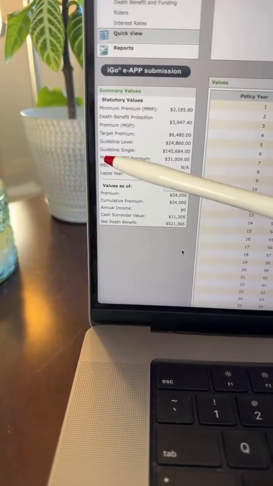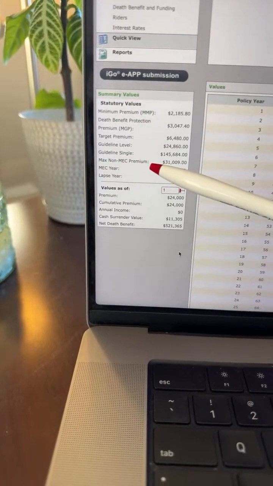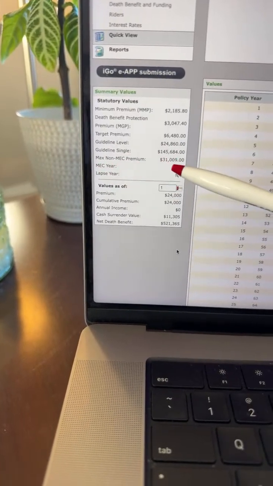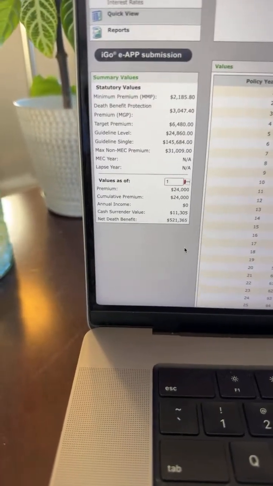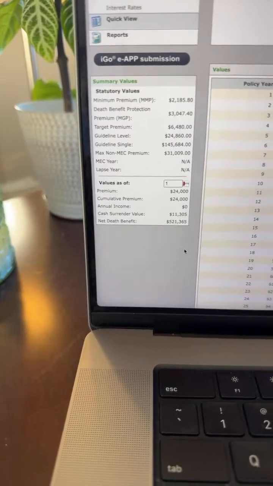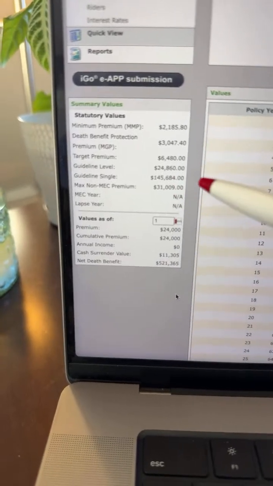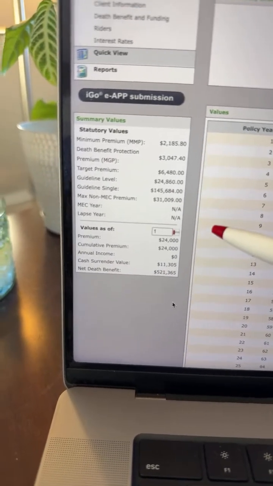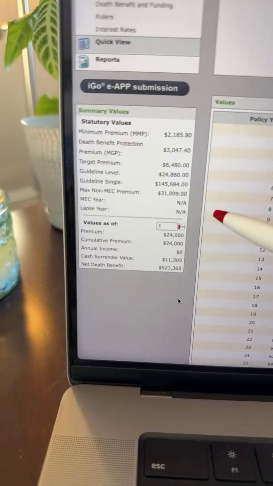And then right here, max non-MEC premium, or what some companies will call the 7-pay max non-MEC premium, is basically $31,000 a year. That is essentially the maximum amount of money that you could contribute per year in the first 4 to 5 years, depending on your age. So as you get older, you really need less life insurance than when you're younger to put the same amount of money in.